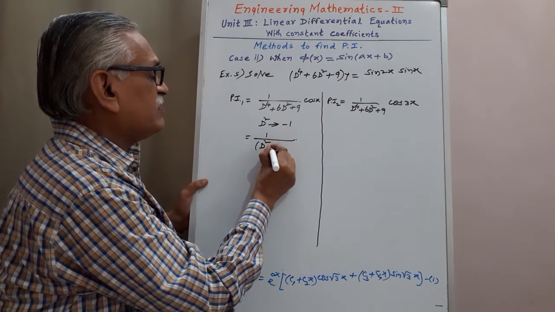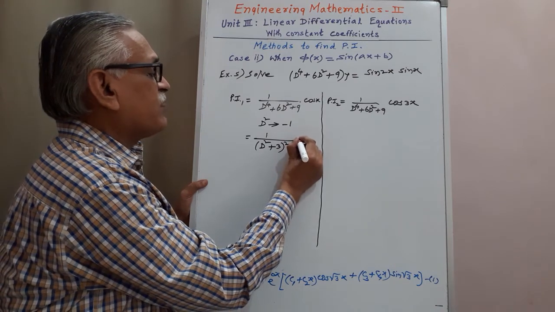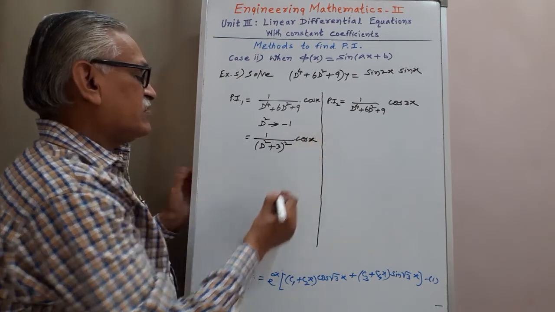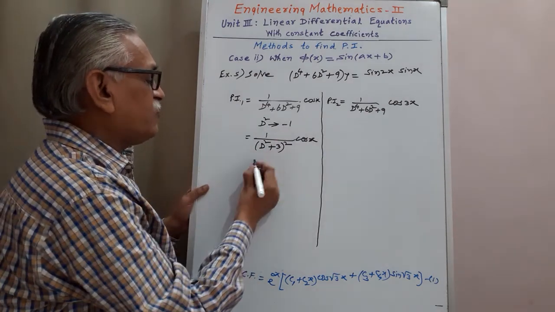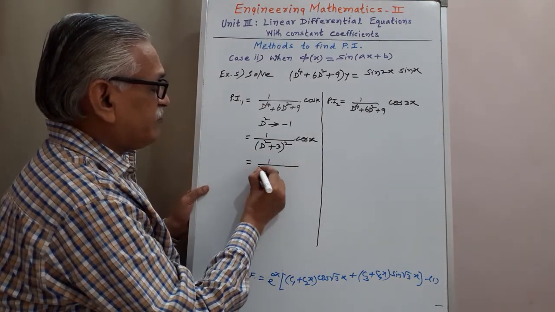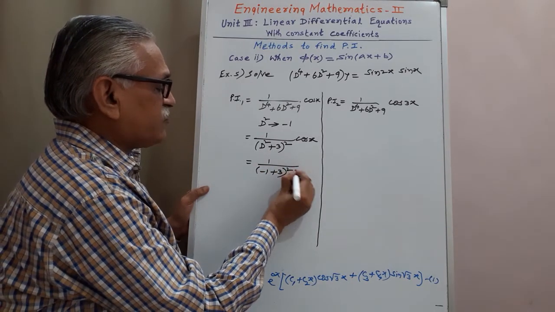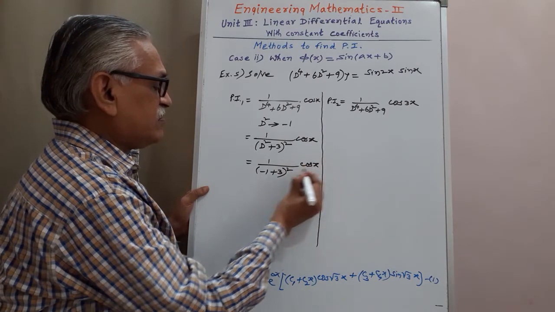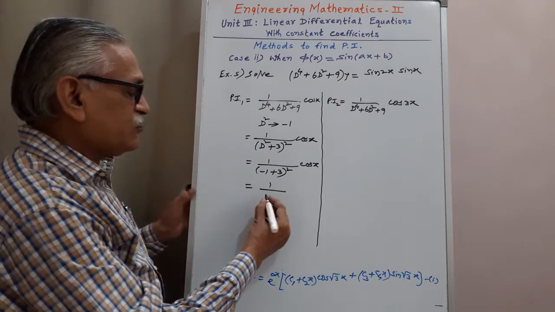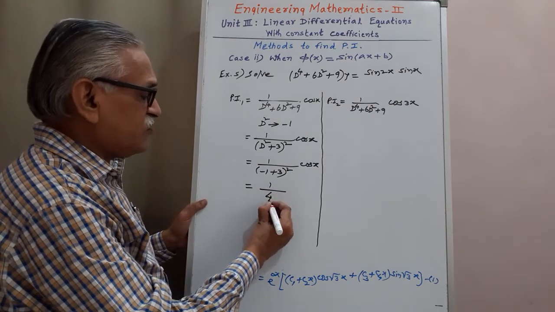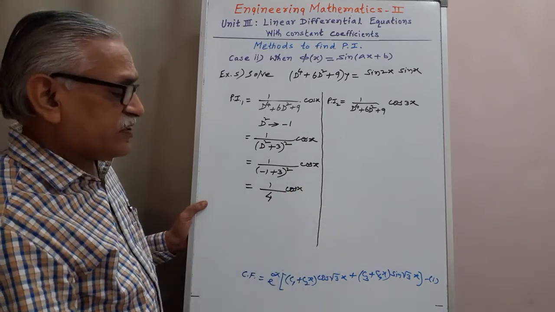It is D square plus 3 whole square operated on cos x, and then replacing D square by minus 1, we get minus 1 plus 3 bracket square into cos x, we get 1 upon 3 minus 1, 2 square, 2 square is 4, into cos x. We call this equation number 2.